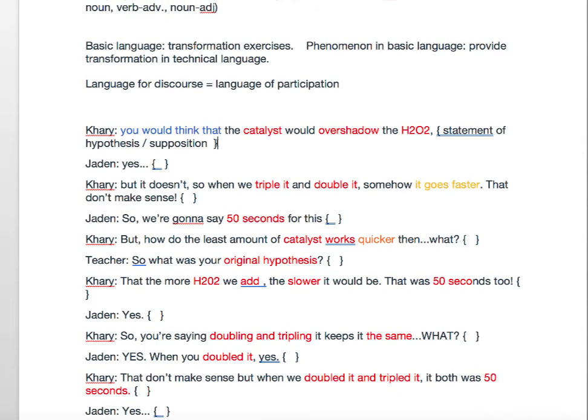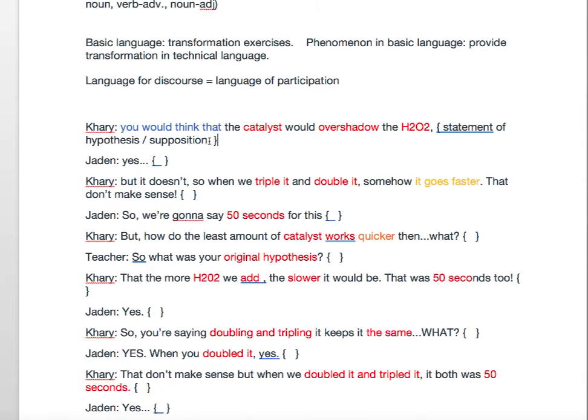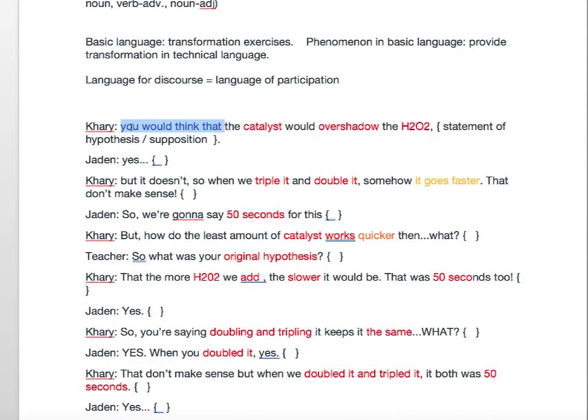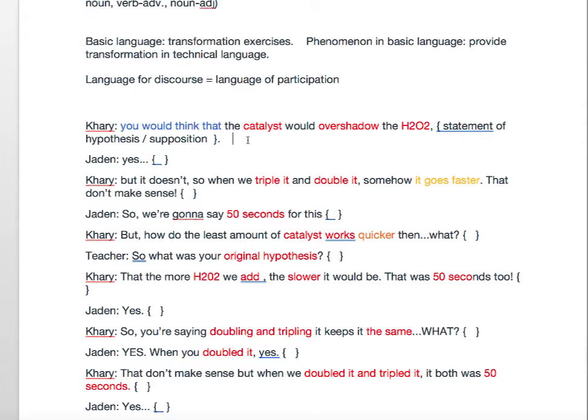It's kind of taking some kind of conceptual perspective position. So "you would think that" is a great sentence stem for introducing an informal statement of hypothesis.